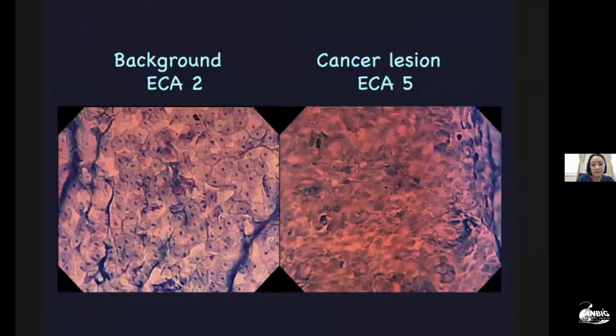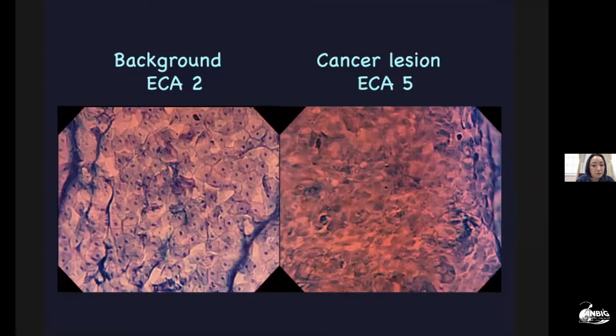Then we conduct endocytoscopy. Left picture is taken from the surrounding background mucosa, and right picture was taken from the cancer area. You may recognize the clear difference between two images in the size of the nuclei.